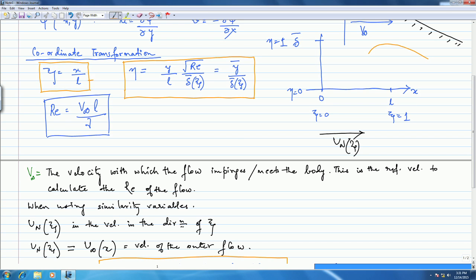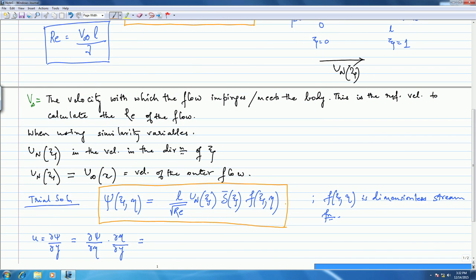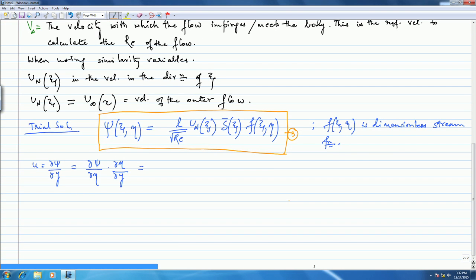Okay. So, let us call this 1, this is 2, okay, and I am going to call this 3. Okay. So, when I say del psi by del eta, let us use 3, right, and if I do that, then what do I get?